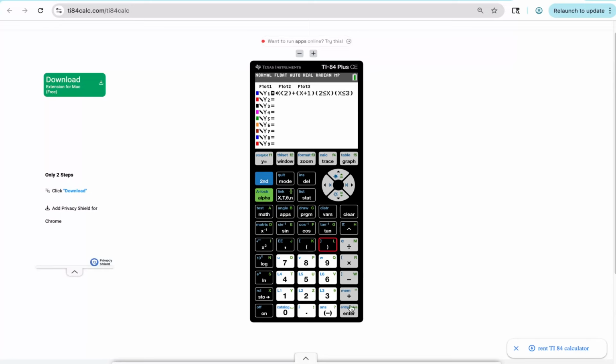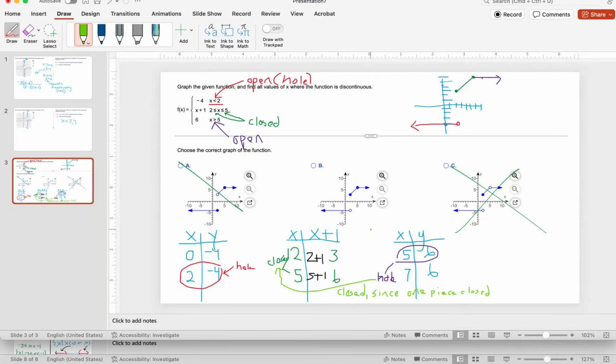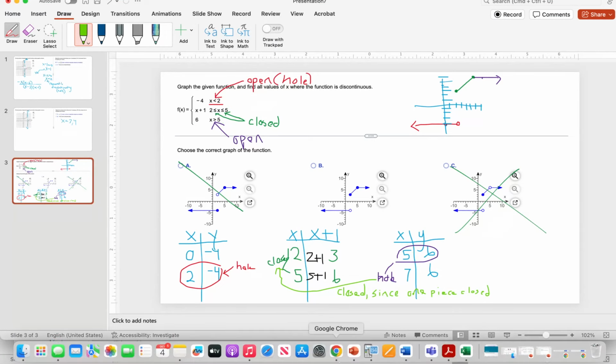But that's another piece. And then you go to the second. Okay, I'll show you again in a second. Let me put the thing in there first. Okay, so the next one was, I believe it was 6, right? And that's when x is greater than, let me actually look. I forgot what it said. It was 6 when x is greater than 5. Oh, and that's a 5. That's not a 3. Let me change that.